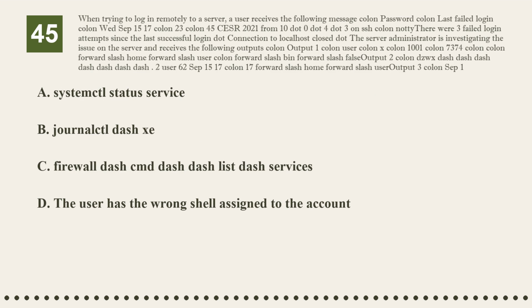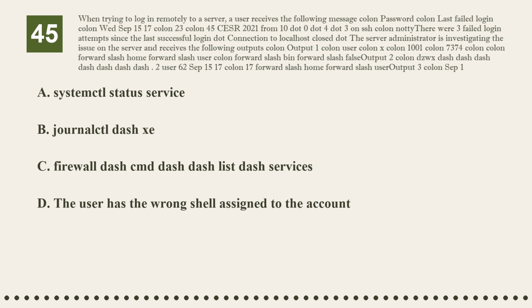Question 45. When trying to log in remotely to a server, a user receives the following message: password last failed login Wednesday September 15, 17:23:45 CEST 2021 from 10.0.4.3 on ssh:notty. There were 3 failed login attempts since the last successful login. Connection to localhost closed.